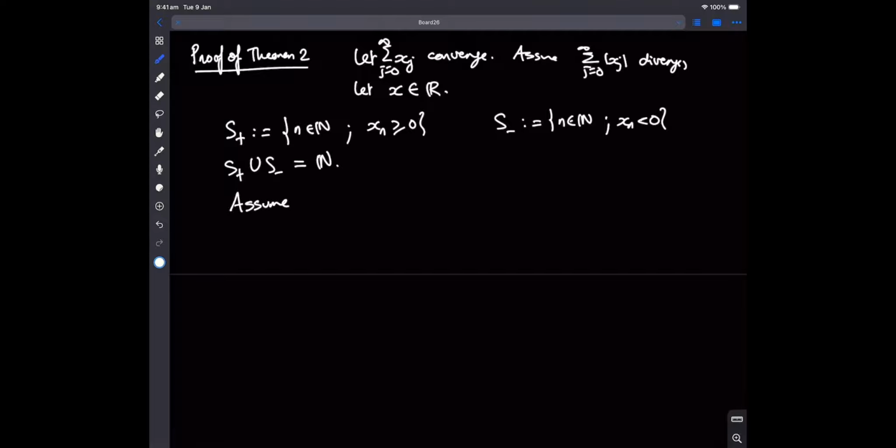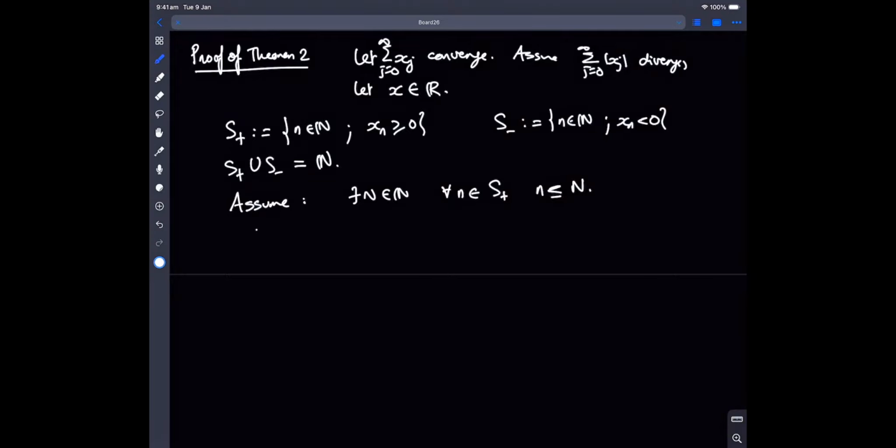Right, if we assume that there exists a number N such that for all n in S_plus, n is smaller than capital N, then what would happen is that after that number capital N, we would know that all the x_n's are negative.